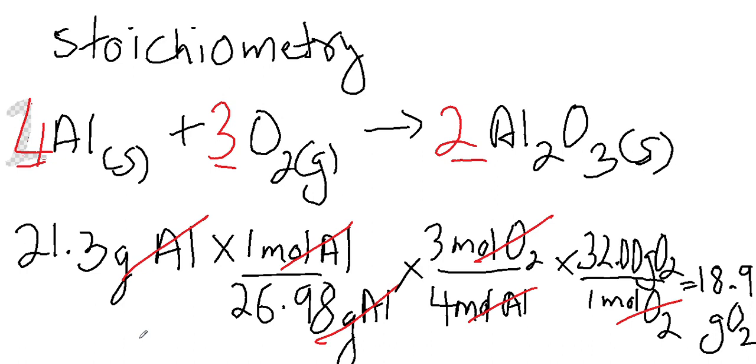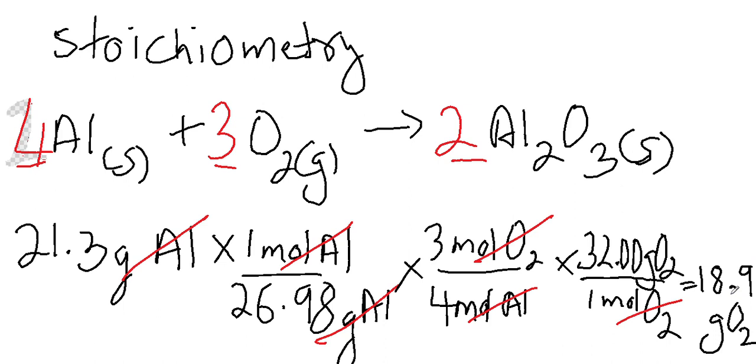Again, with 50 grams of oxygen and 21.3 grams of aluminum, we run out of aluminum and oxygen remains, so aluminum is the limiting reactant. On the other hand, if I had more aluminum, then this ratio of 21.3 grams of aluminum and 18.9 grams of oxygen, if I had 50 grams of aluminum, in that case I would run out of oxygen and oxygen would be the limiting reactant.